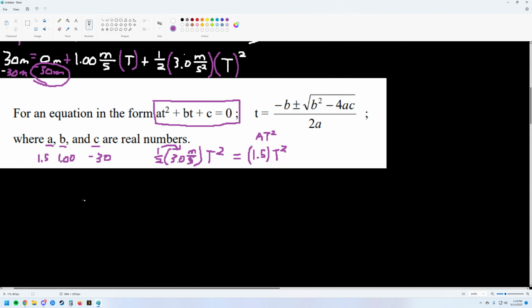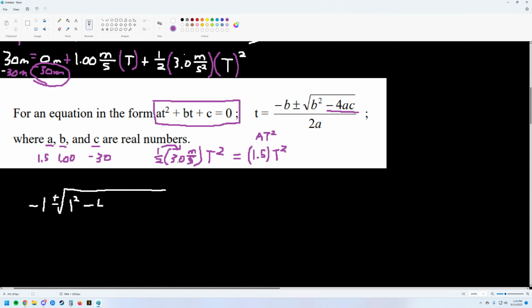If we actually plug these numbers in, it's fairly straightforward. We have negative B, and our B was 1, plus or minus the square root of B squared. Remember, B is 1, so we'll do 1 squared, minus 4AC.